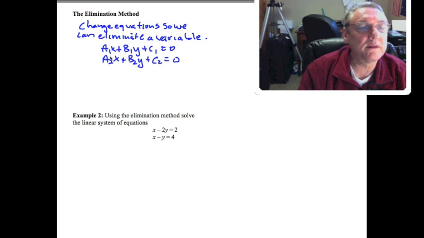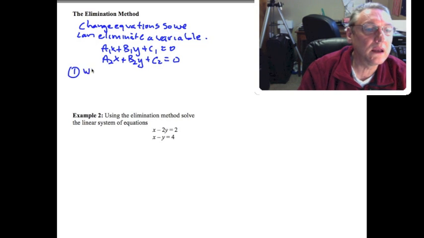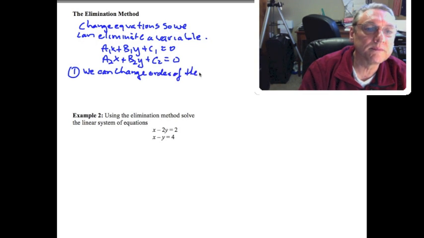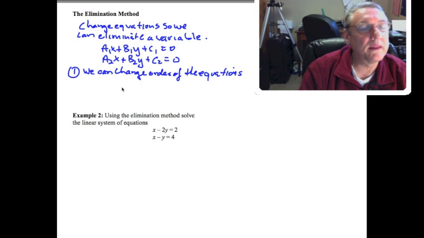Now notice that if I wrote them in the reverse order, we'd have exactly the same system. So the first thing to note is that we can change the order of the equations, and that does not change the solution whatsoever.